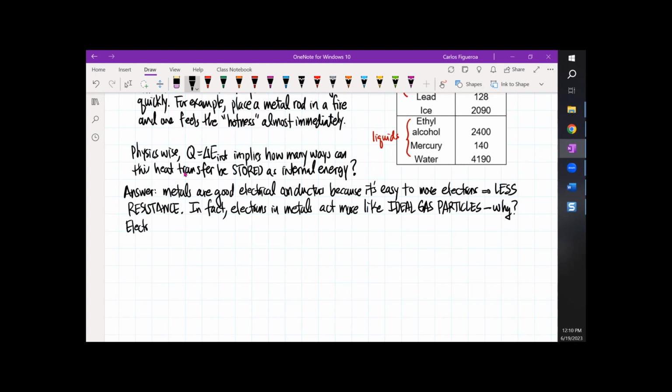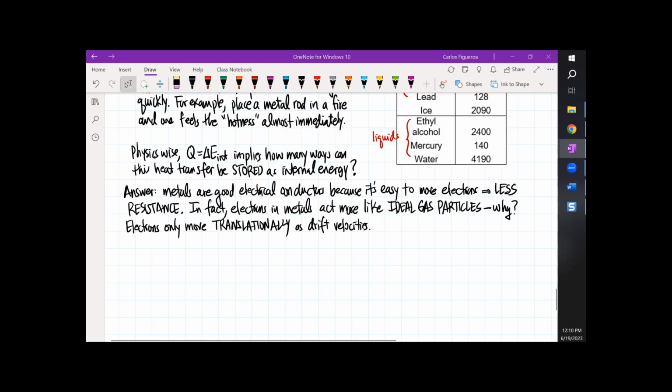Electrons only move translationally, as drift velocities. And they don't collide with other electrons. They collide with the ions in the metal.